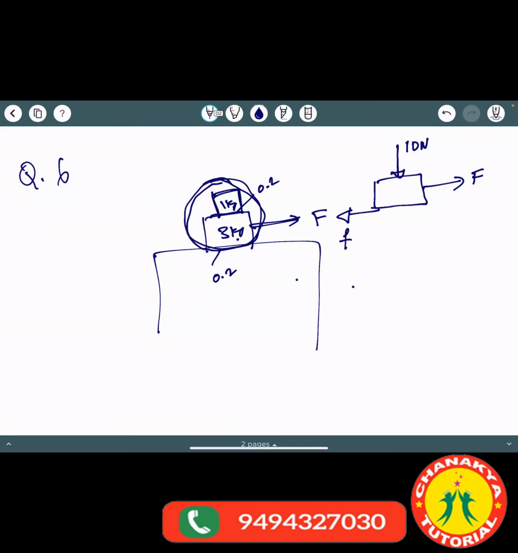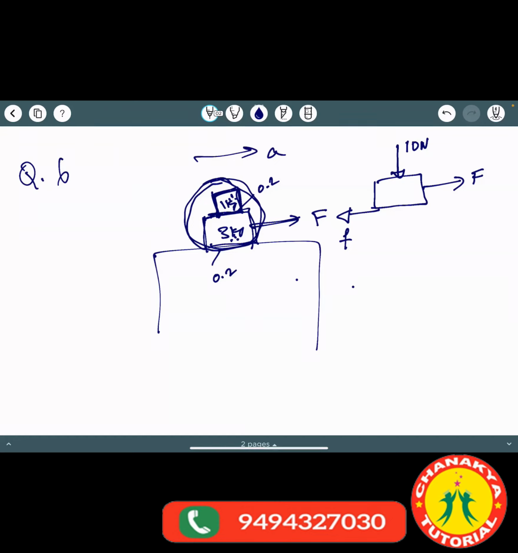If this block 1 kg is not sliding on B, that means these two blocks are moving together, with the same acceleration. Any doubt in that? So I can say these two blocks are my system and the force acting on this system is F.